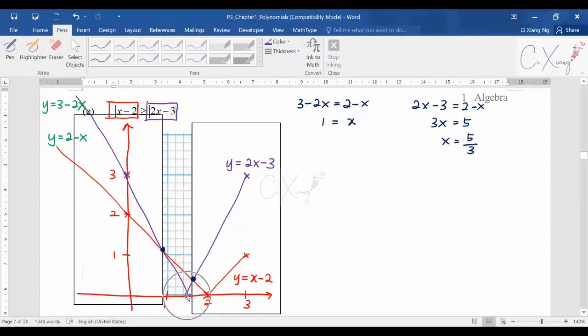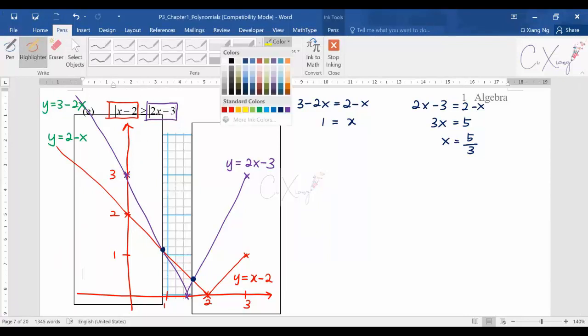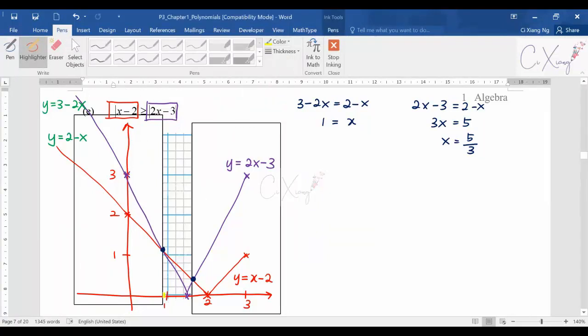So purple color is at the bottom, red color is on top. So we fulfill the inequality, red color more than purple color. That means this is actually the part that I want, the answer that I want, to have red color more than purple color.